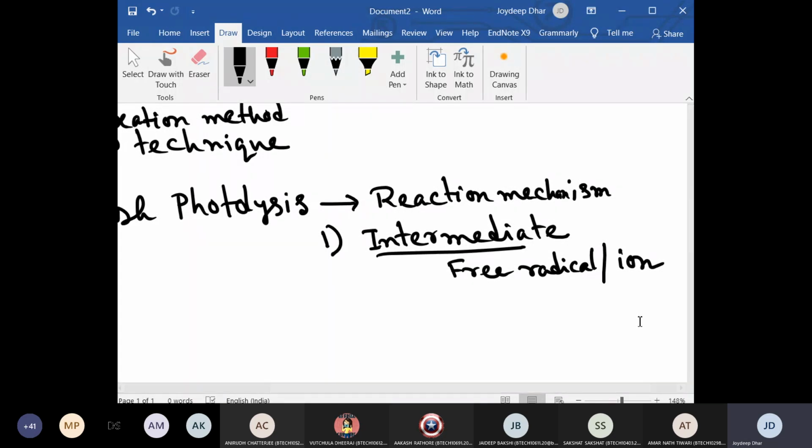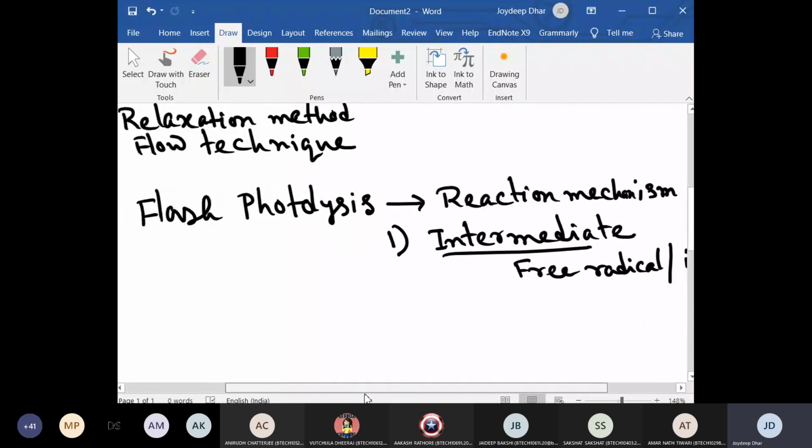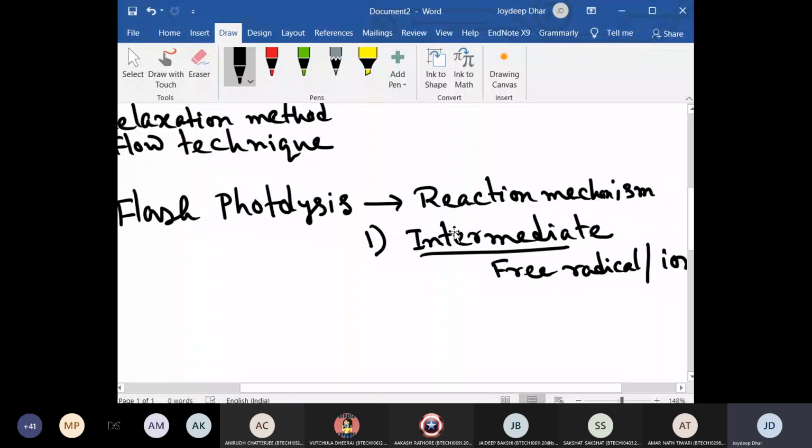So in the flash photolysis technique, we can study the kinetics as well as identify what type of intermediates or species are formed during the course of the reaction. That's why these techniques are very important.